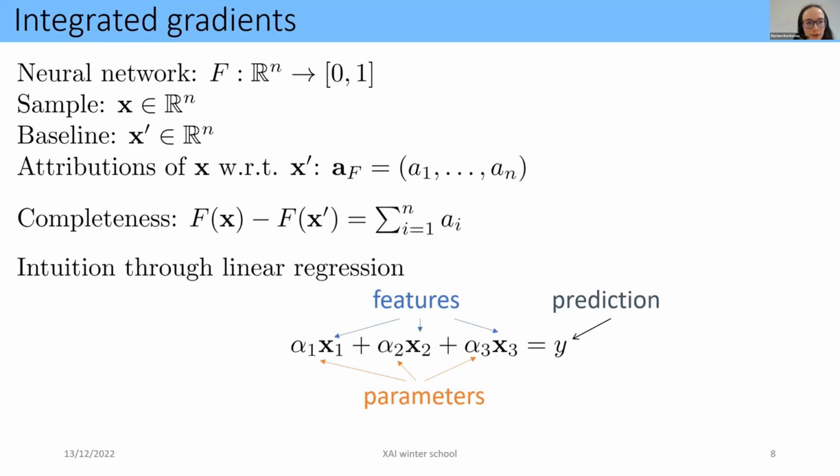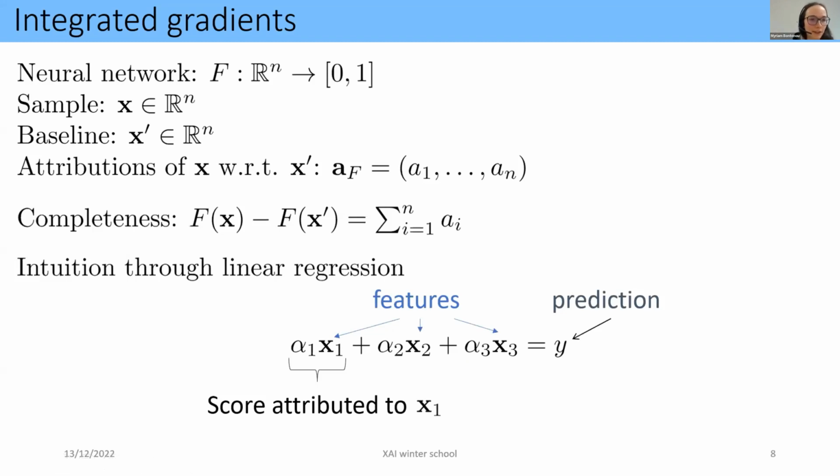If you take a baseline full of 0, the output of integrated gradient would be the multiplication of the parameters with the input. For us, it's a bit different because we are using a logistic regression, but the idea is the same.